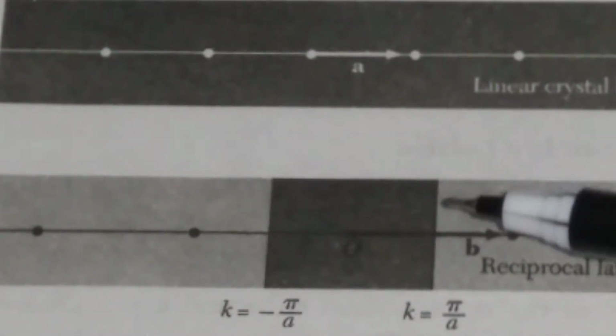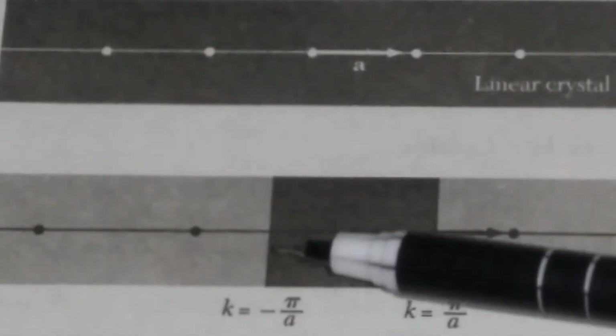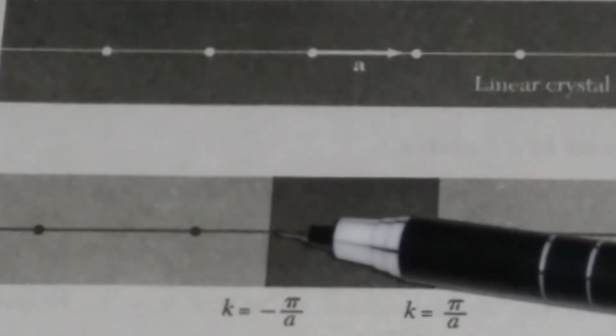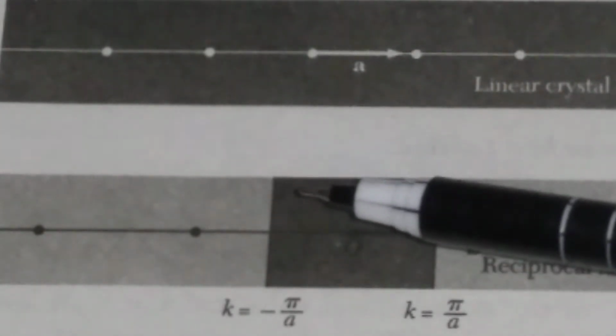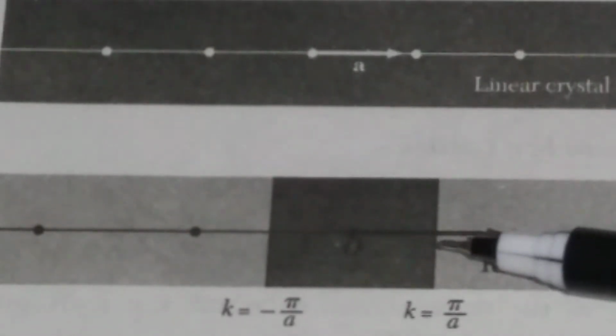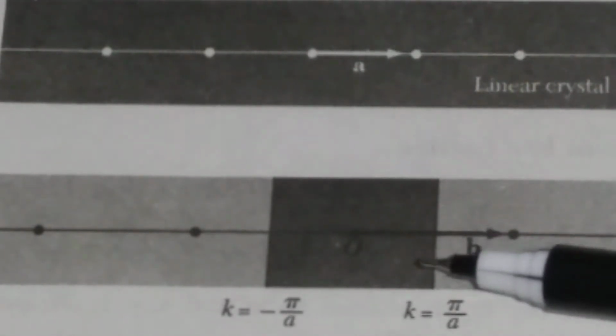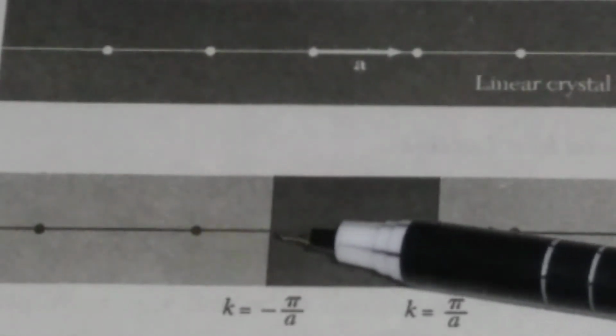And this perpendicular bisector is at π/A, and this perpendicular bisector is at minus π/A. So you will get an area from minus π/A to plus π/A. That gives you the first Brillouin zone for the linear crystal lattice.